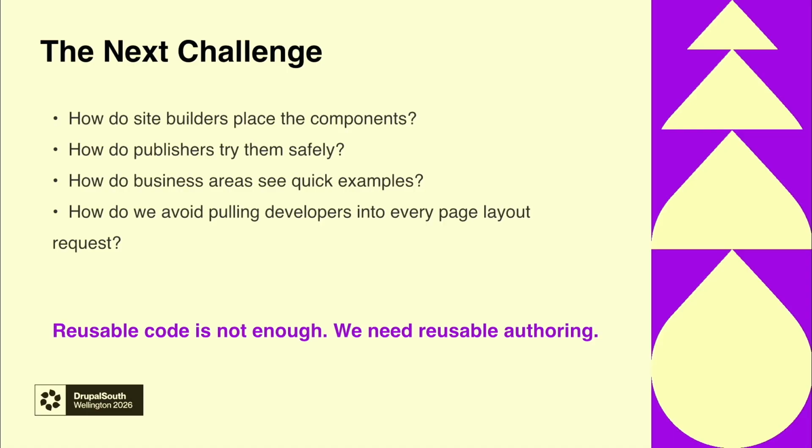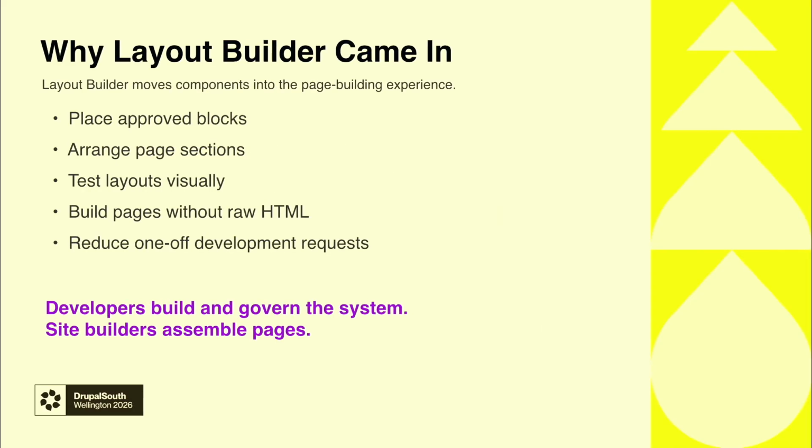If every small demo or layout change needs a developer, the component is technically usable, but not practically usable. So the next question is about authoring. How do we let site builders use these components safely through Drupal?